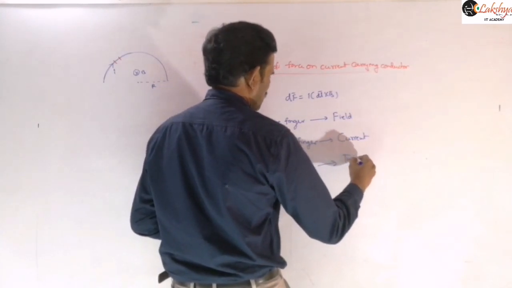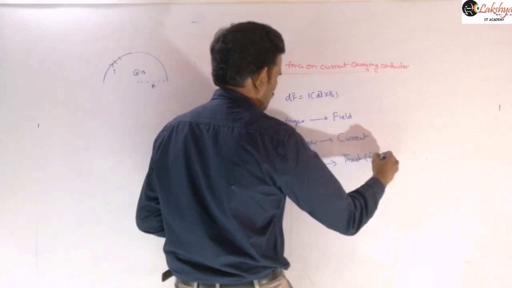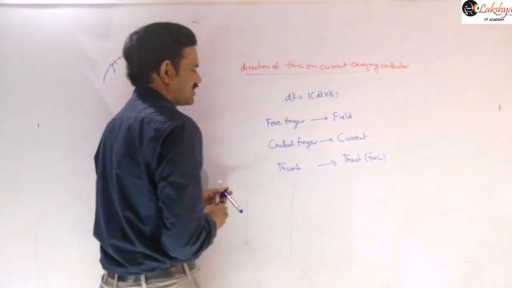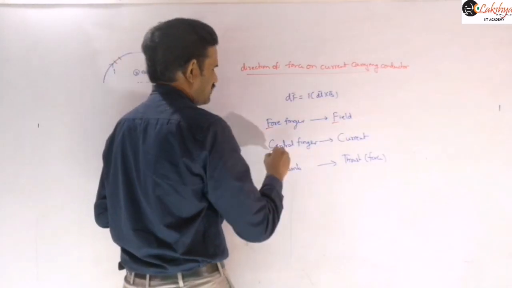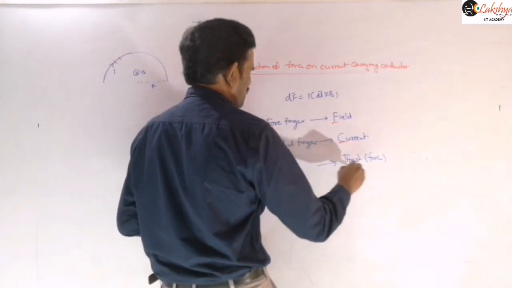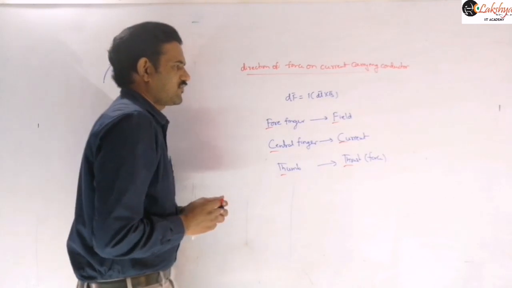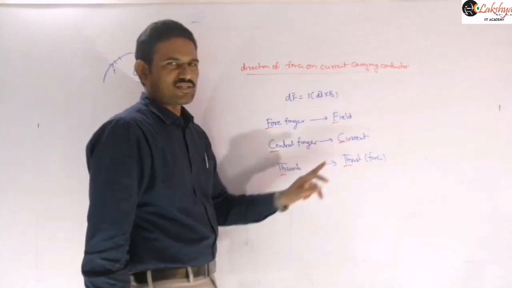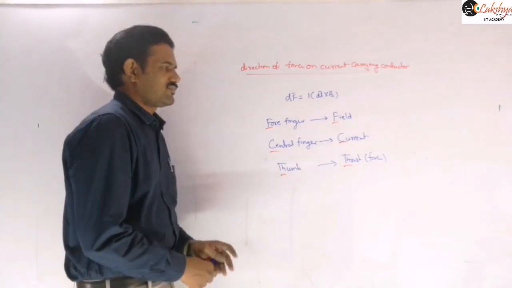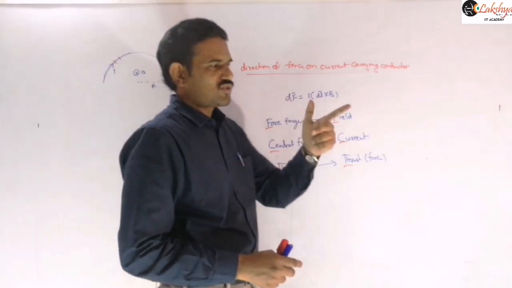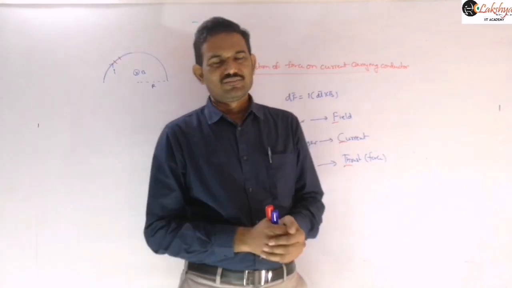We mention it as thrust, which is nothing but the force. Same notation here: the central finger is the current, which we already mentioned in the motion of the charged particle. So that is about the direction of the force. You can apply this left hand rule like this.